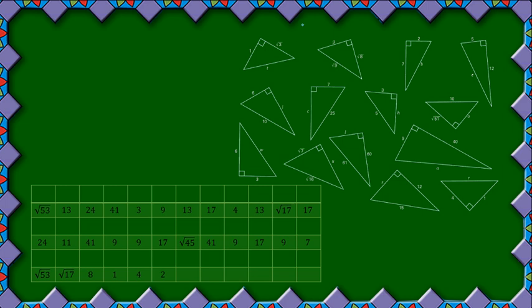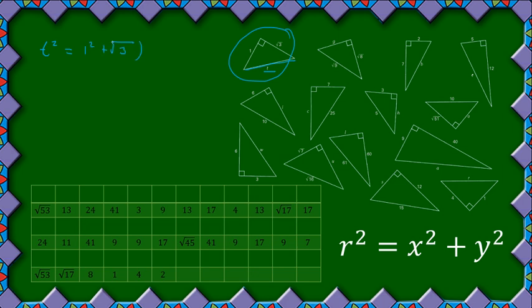Okay, so we're going to start with this triangle, and this is the t value that we need to solve for, and this t value is the long side of our right angle triangle. So in using Pythagoras, we have the following relationships. r squared equals x squared plus y squared. So t squared is equal to 1 squared plus square root of 3 squared.